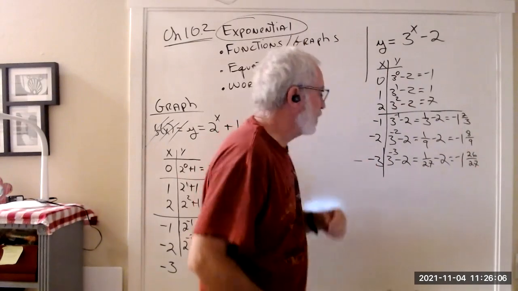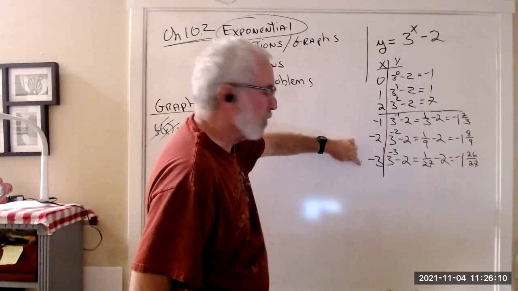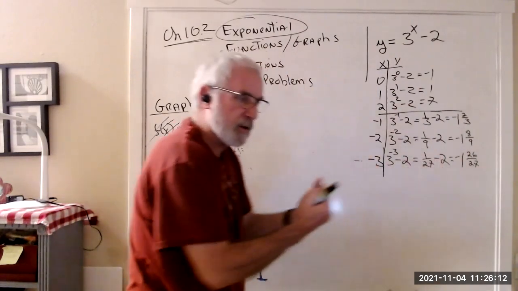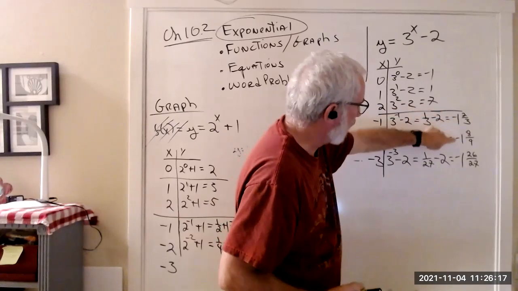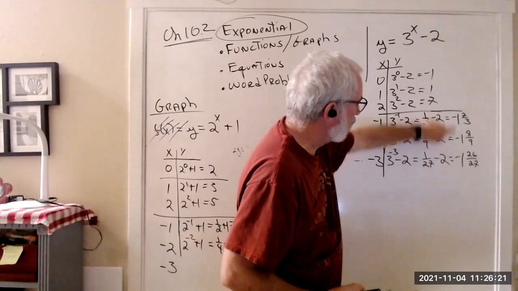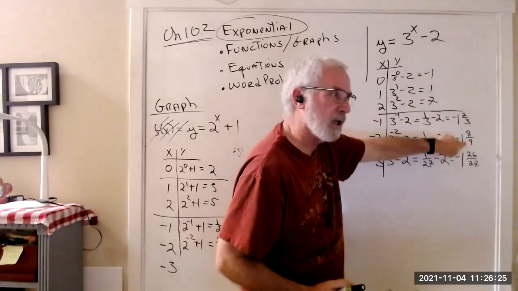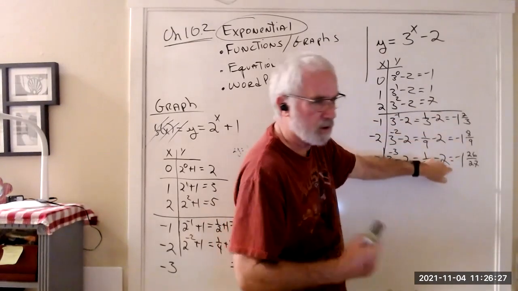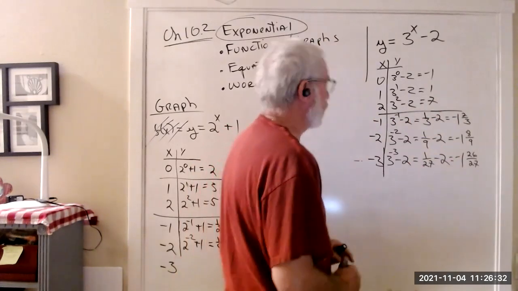Let's see if we can see what's happening as x is getting more and more negative. As x is going negative, my y values are negative, but they're always staying negative 1 and a little bit. What are they coming close to?